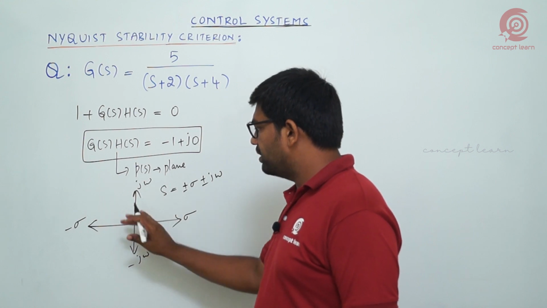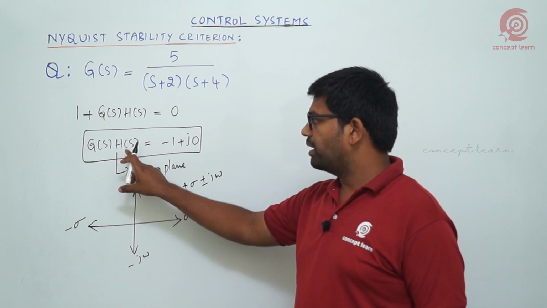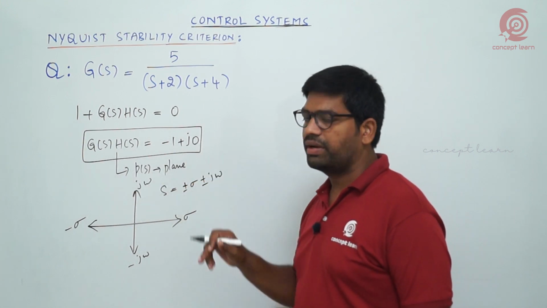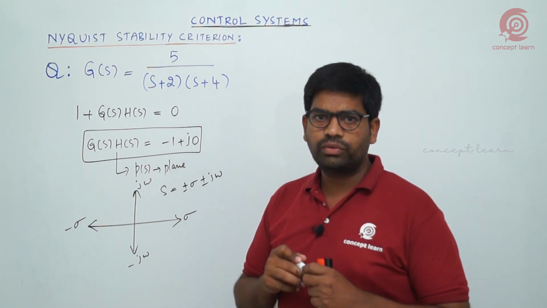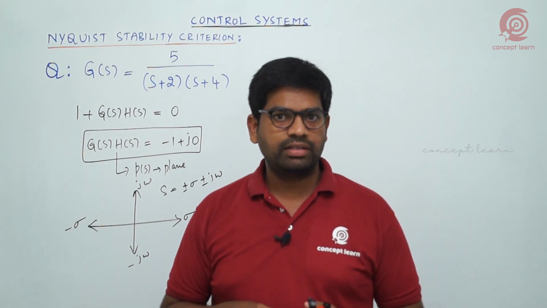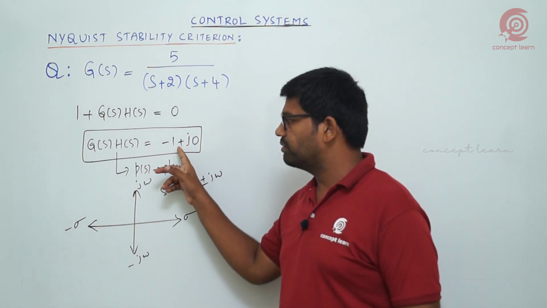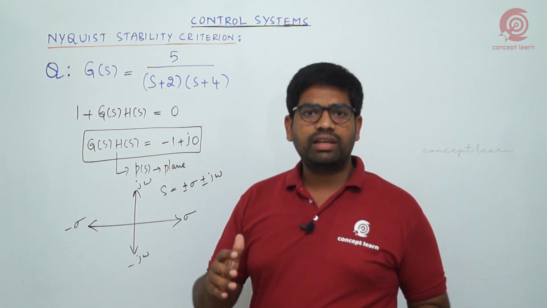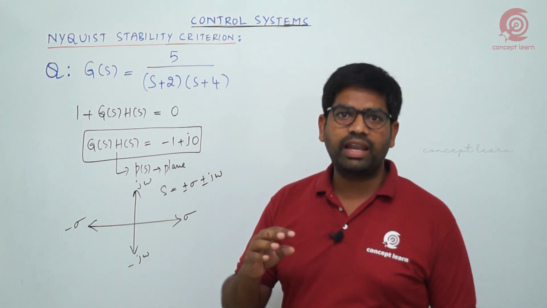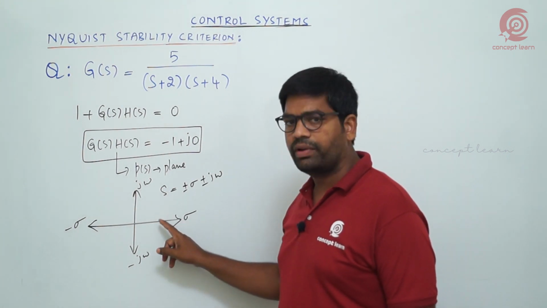So we are mapping all the points in the S plane towards the P(S) plane with respect to this critical point -1 + j0. After mapping this, we go with the principle of argument, right? Means we check the number of encirclements for the critical point -1 + j0, and again we check whether there is any number of open loop poles located in the right half of the S plane.